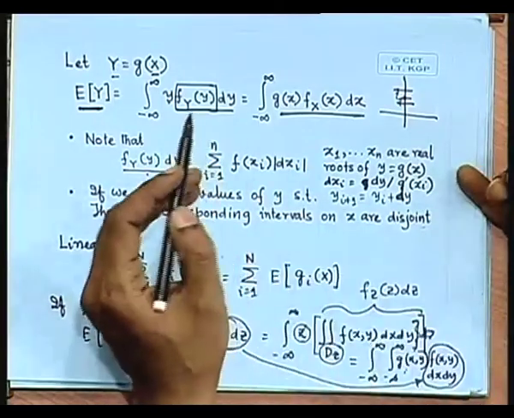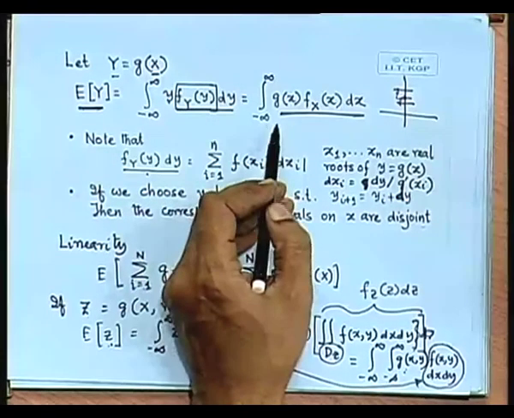Now, we want to write it in terms of x, because in many cases y is a derived quantity and the original random variable is x. In all probability we will have the probabilistic description, the density or distribution function, for x. So we have to express the expected value of y in terms of the probabilistic description of x and the function g.